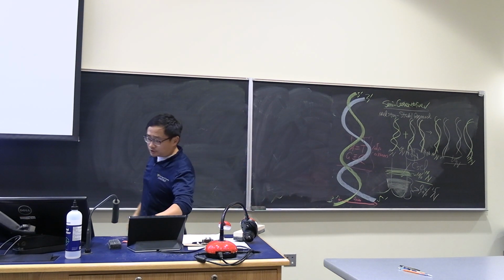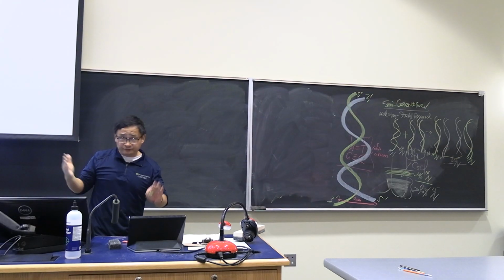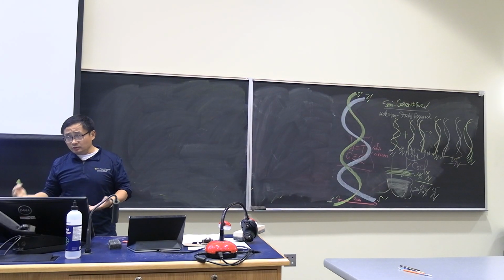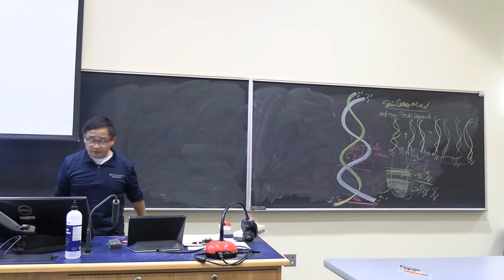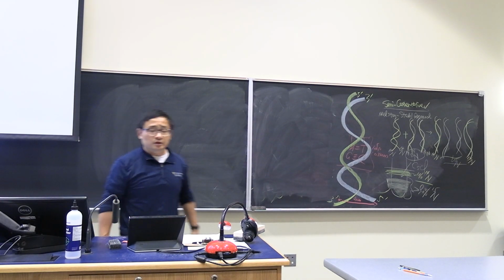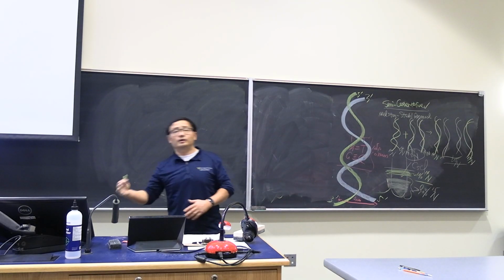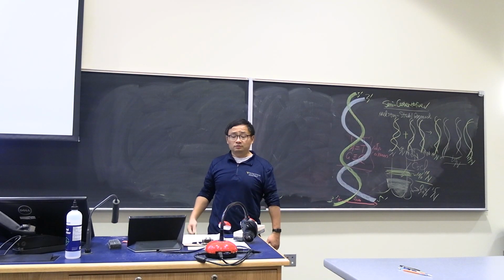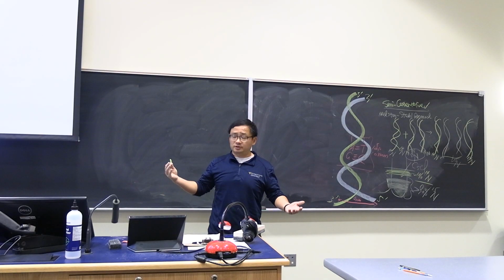By the way, there is one thing I forgot to mention. In 1953, James Watson and Francis Crick published this paper. And in 1962, they were both awarded the Nobel Prize for their credibility.